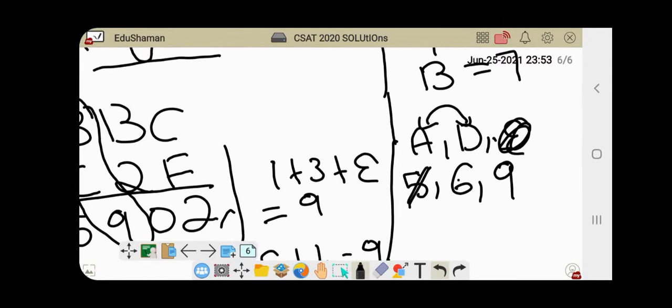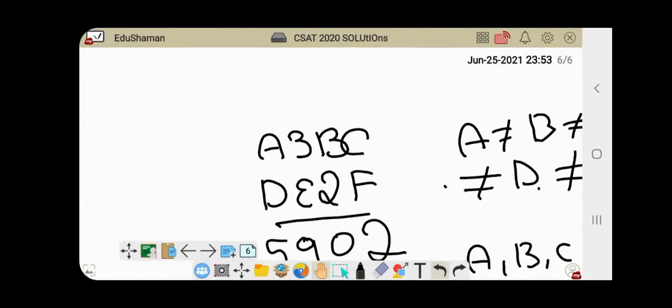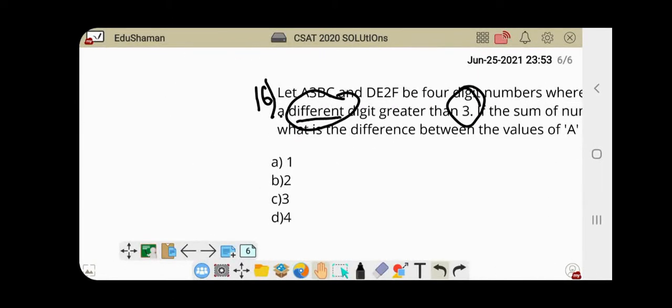So A and D will occupy 9 or 6, either way. We don't worry about that. They are assigned the numbers 6 and 9. Okay. So the difference between 9 and 6 is 3. So the right answer is, we have come a long way, option C, 3.